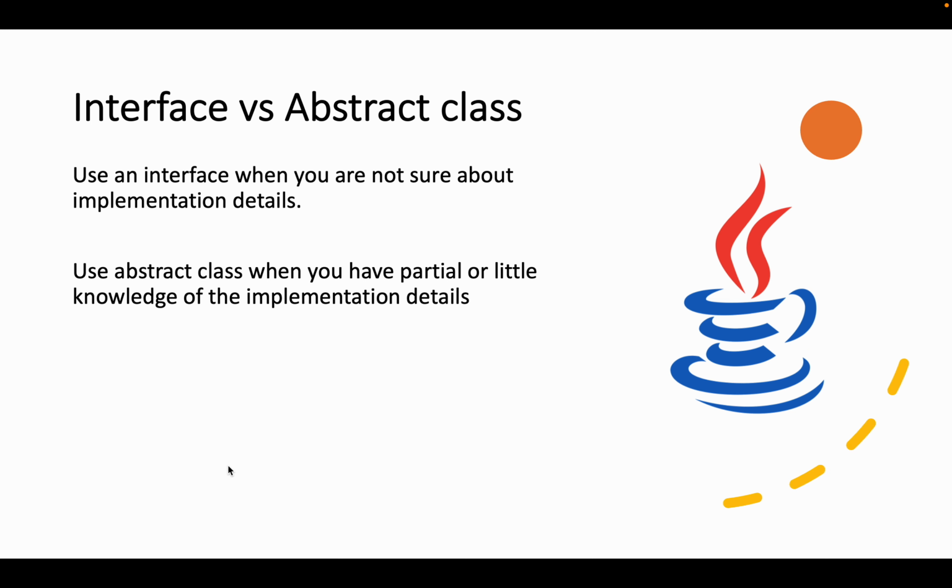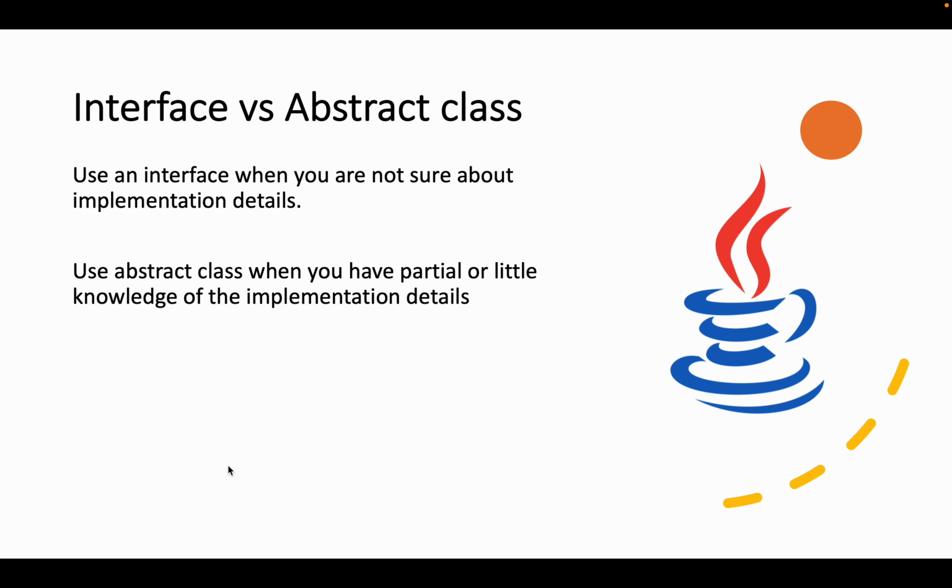You don't know anything about what the implementation should look like, but you do have an idea of what could be there. So you use an interface. But when you have partial knowledge of the implementation, or little knowledge, you use abstract classes.